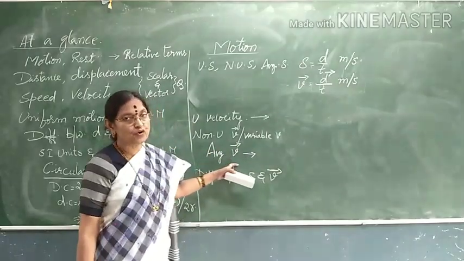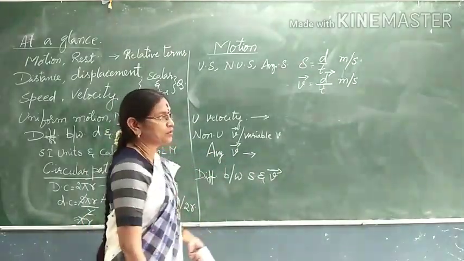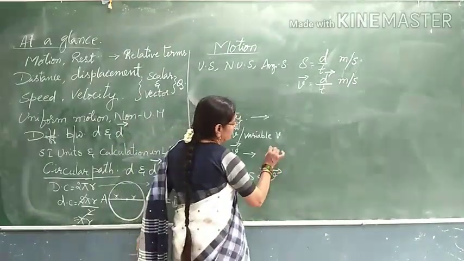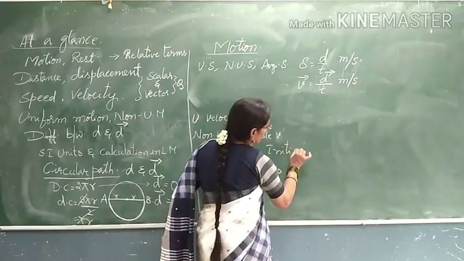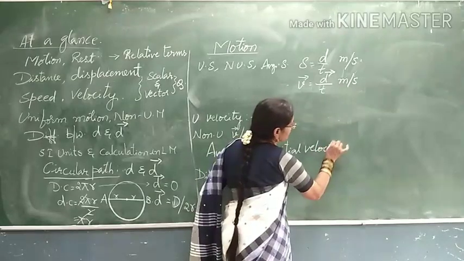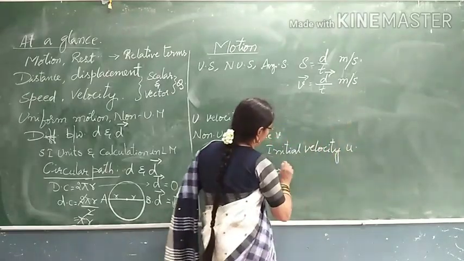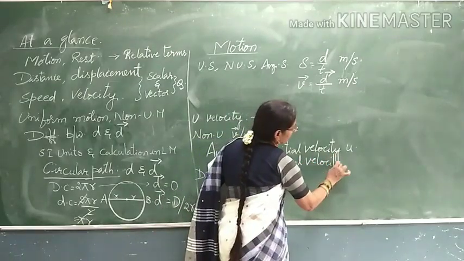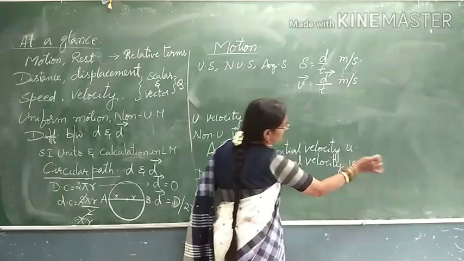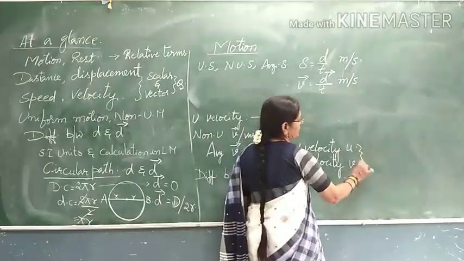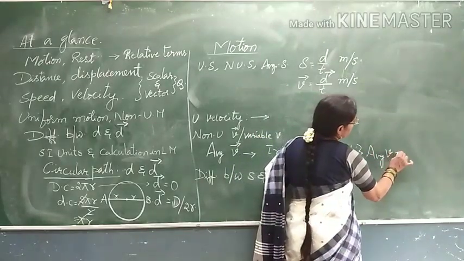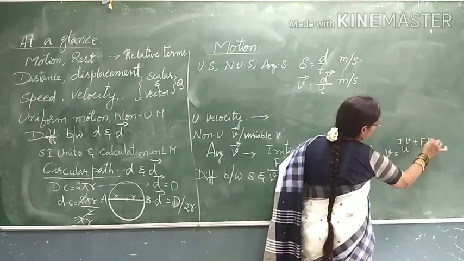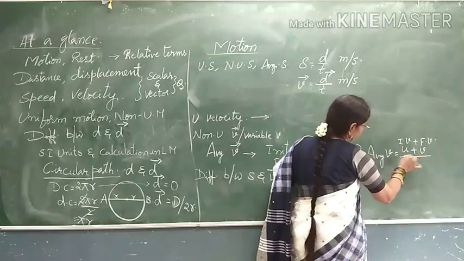Coming to average velocity. When a body is in the beginning, in the initial state, suppose its initial velocity is U. Then the final velocity at the end of the journey may be V. Average velocity is equal to initial velocity plus final velocity, that is U plus V by 2.